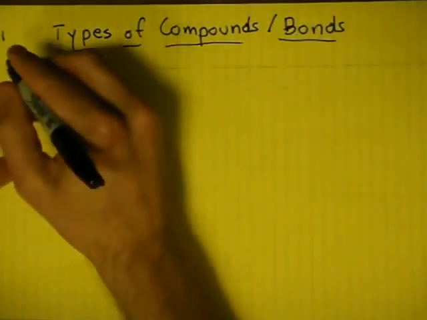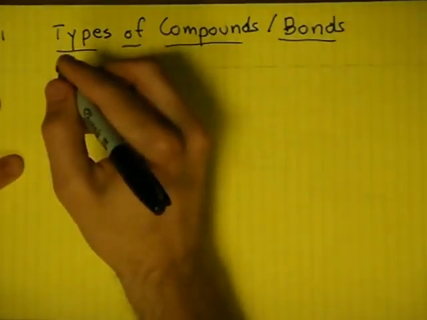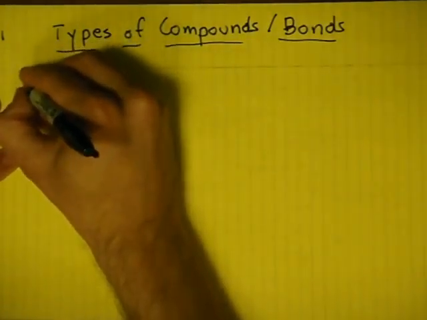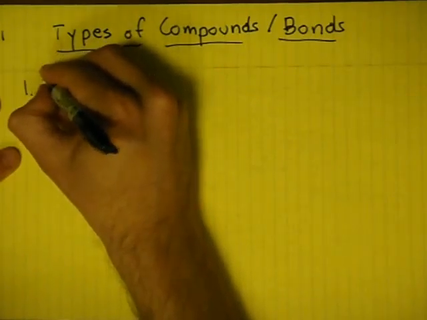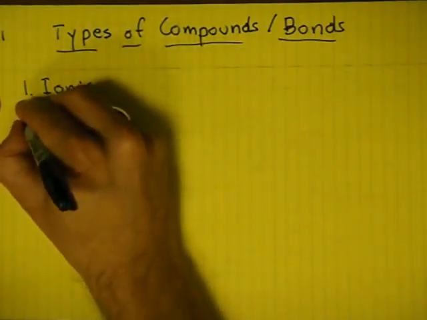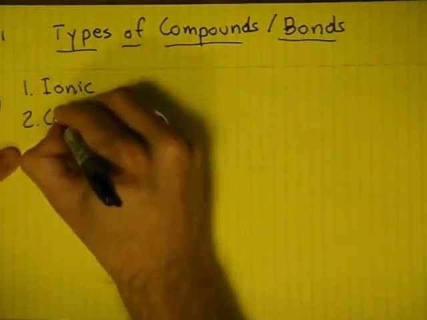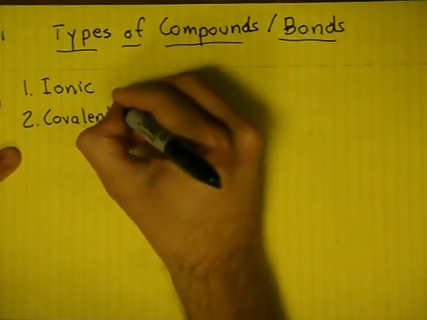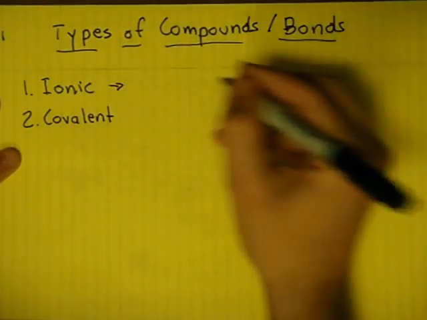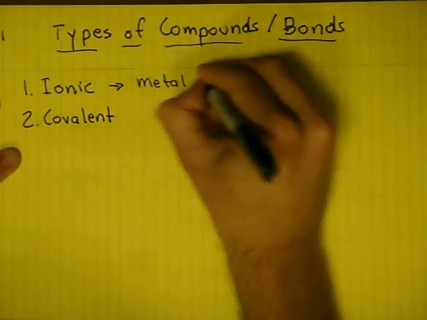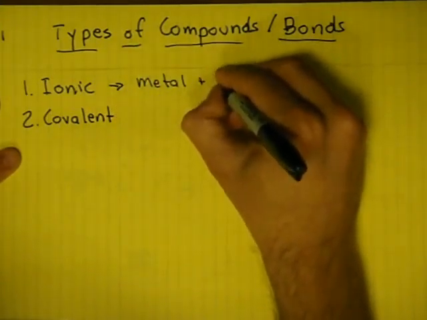So remember before we talked about there are really two, and only two types of bonding that we really focus on. One, ionic, and two, covalent. With ionic, that is a metal plus a non-metal.